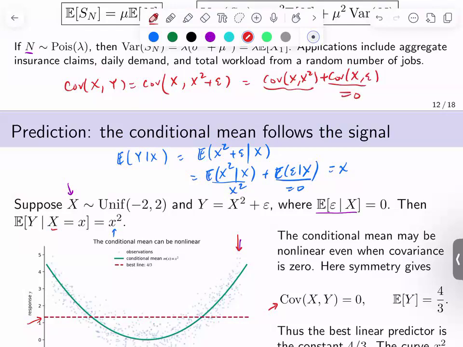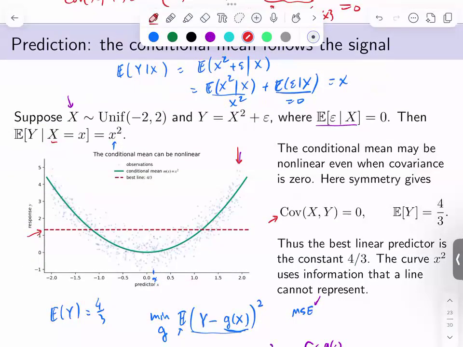And this one would be the expectation of x cubed minus the expectation of x times the expectation of x squared. So if x has a symmetric distribution, both of these would be 0. If x is symmetric, which is uniform in this case, then they're going to be uncorrelated.